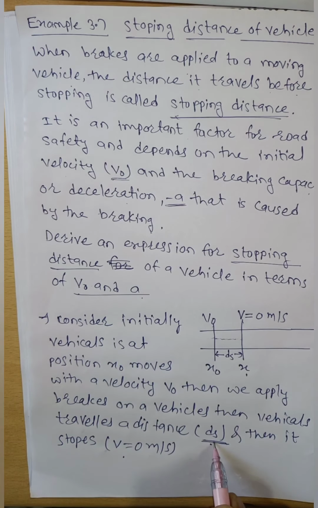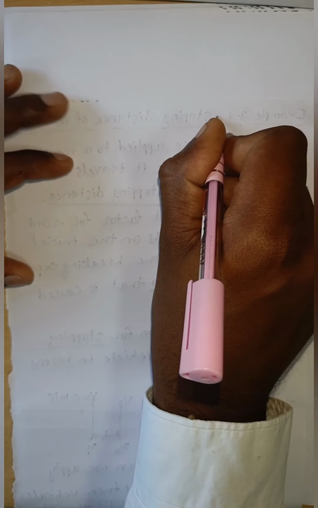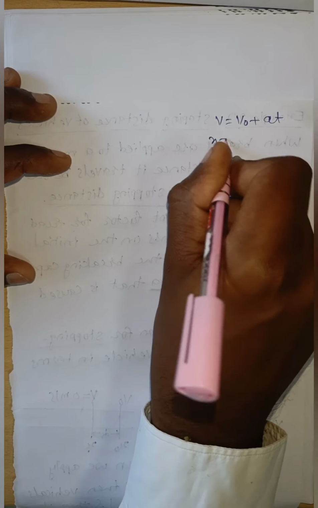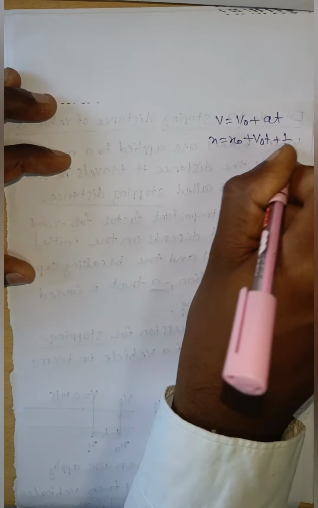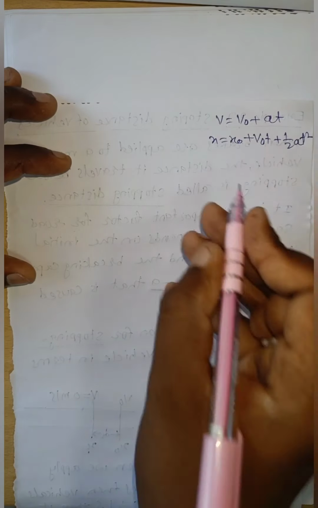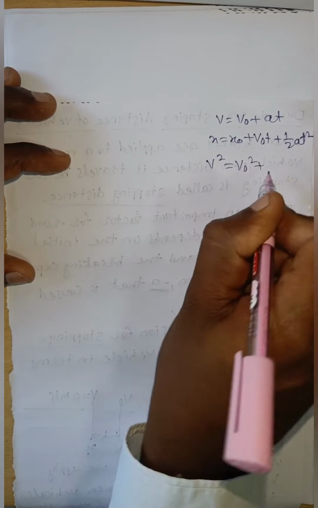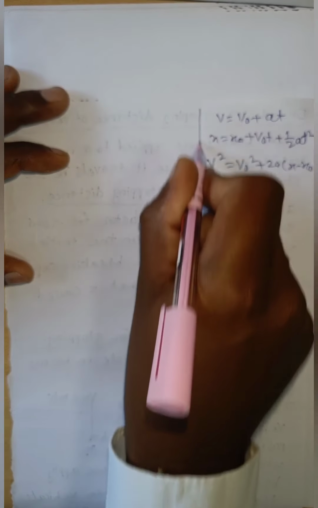Now we have three kinematic equations, so which one is better to use? The three equations are: v is equal to v naught plus at; second, x is equal to x naught plus v naught t plus half at square; third, v square is equal to v naught square plus 2a into x minus x naught.